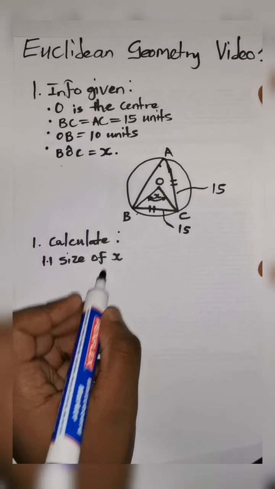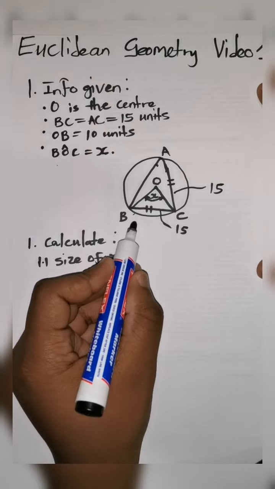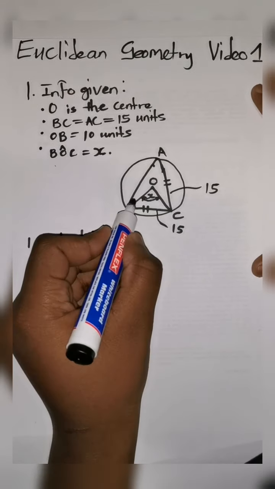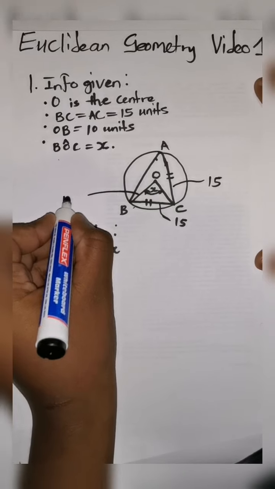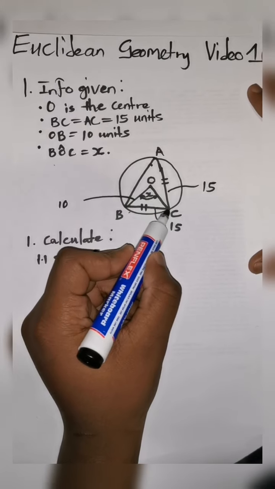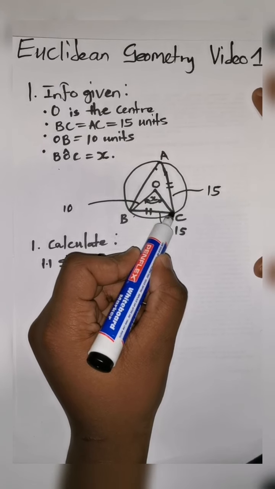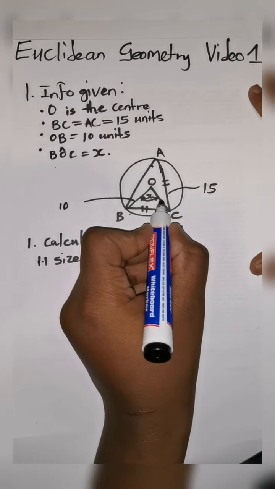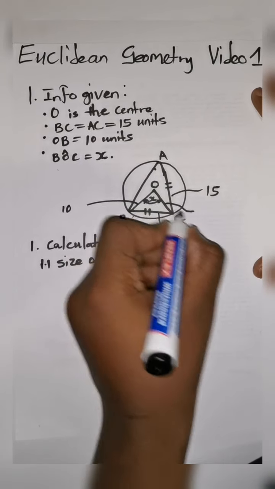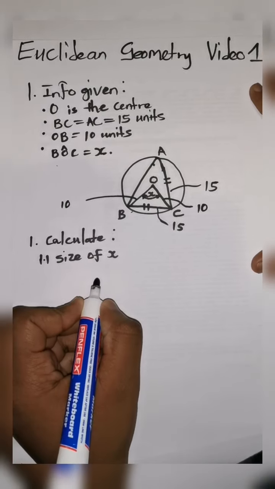If you look at this, you'll notice that OB is actually the radius, so this is 10 units. And OC is also a line going from the circumference to the center, so this is also going to be our radius. So OC is 10 units as well.